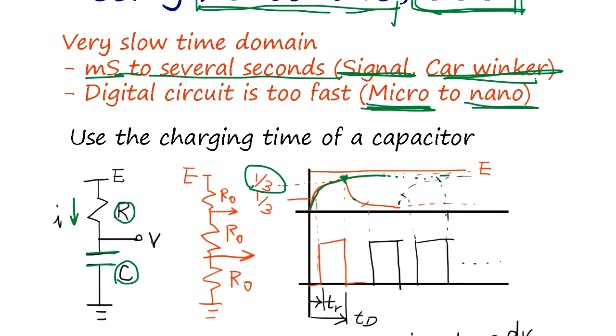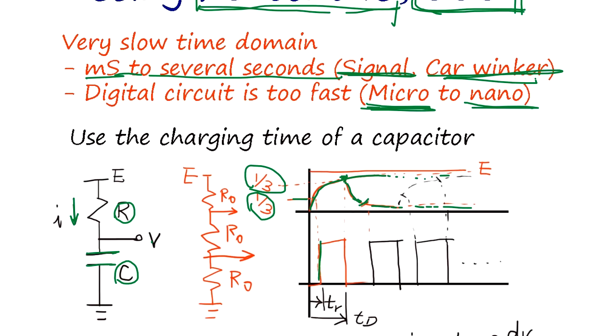The capacitor is then discharged, and the discharge follows the same exponential curve. It goes a long way, so we consider it discharged at 1/3. Then the charging process starts again.